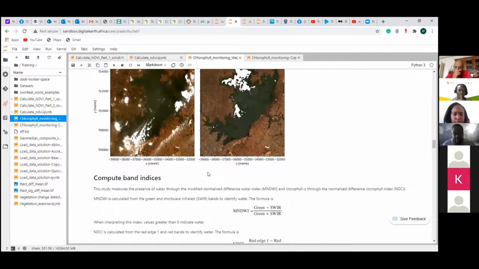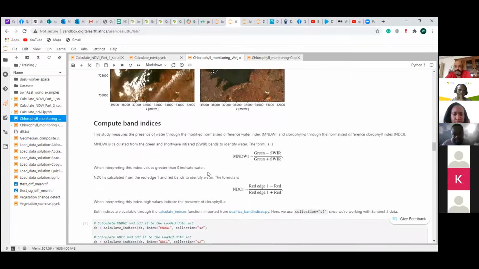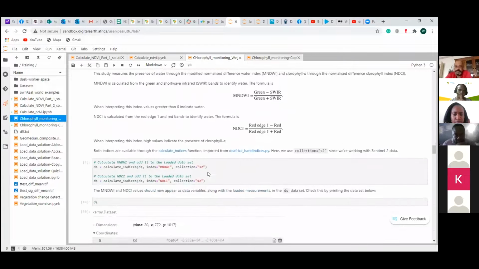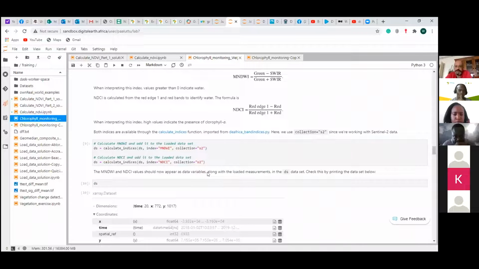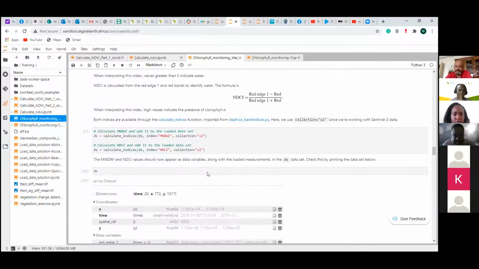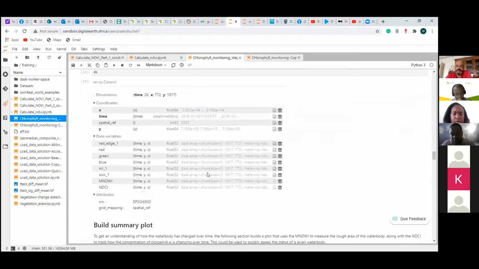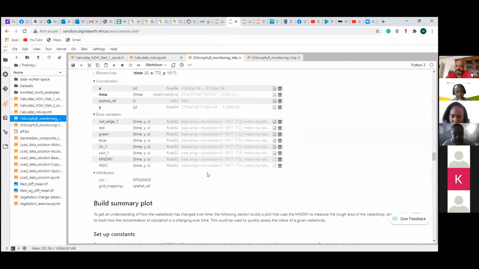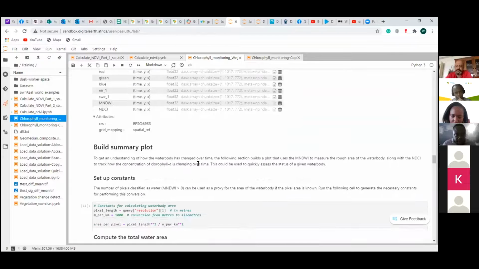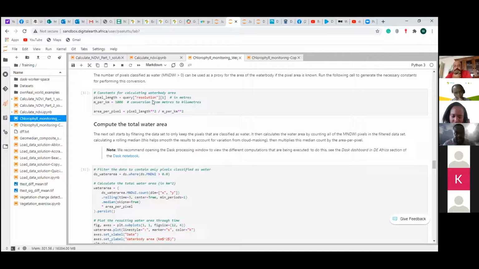Now, computing the band indices, I focused on the time difference below the 20, and looking at this place, the distance and the resolution. As I spoke about, I selected a number of meters, which was up to 1,000.